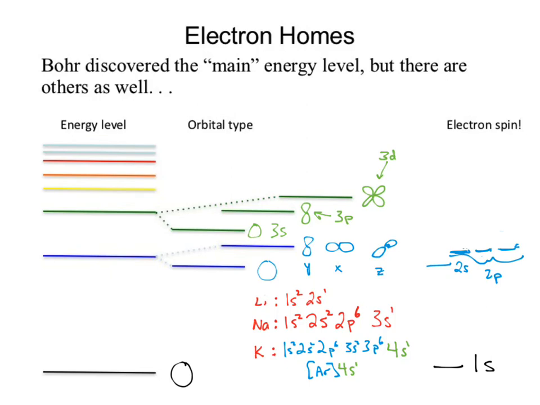I know you probably want some more practice on this, and we'll do a little bit, but not a whole lot. So the next part, what do you think the configuration for strontium is going to end with? I don't want its whole electron configuration, I just want what it ends with. Strontium is Sr, yep.